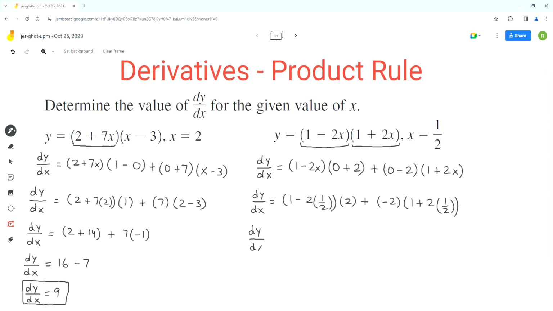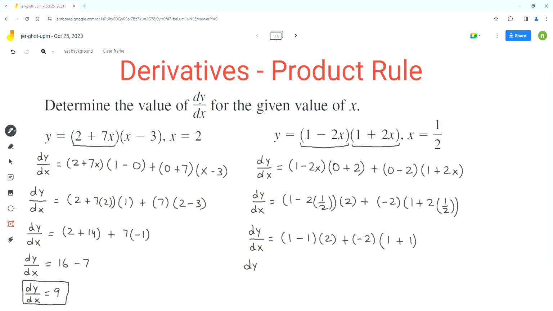So dy over dx equals, now in the first parentheses, 2 times 1 over 2 is equal to 1. So we get 1 minus 1 times 2 plus negative 2. And now in this last parentheses, 2 times half is 1. So we get 1 plus 1.